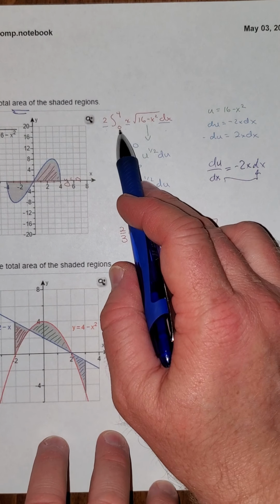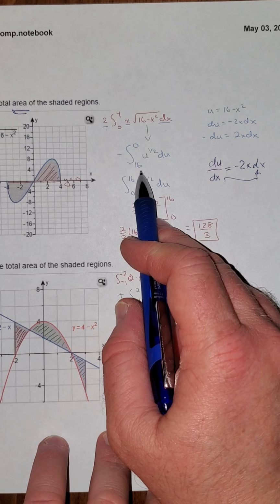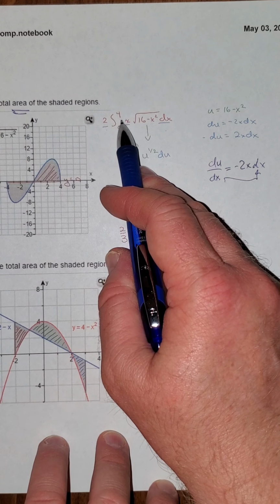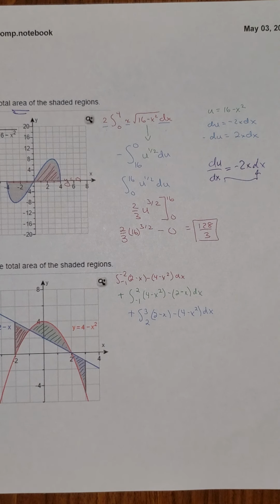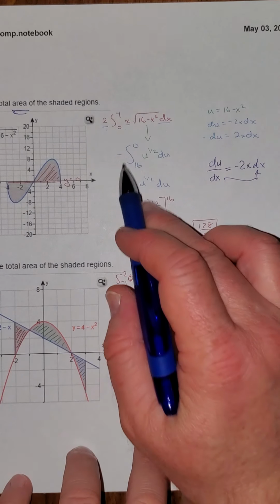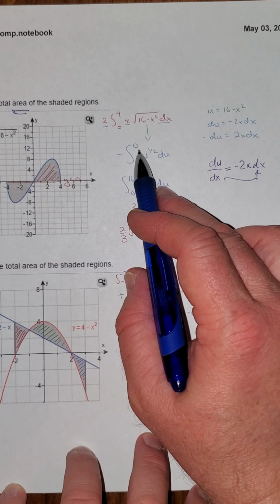Now, plug in 0. This is x equals 0. If you plug in x equals 0, you get 16. If you plug in x equals 4, you get U equals 0. So what we've done here is we've taken everything in terms of x and switched it to values of U. By the way, I hate having that negative out there. I hate having this going 16 to 0. It should go 0 to 16.